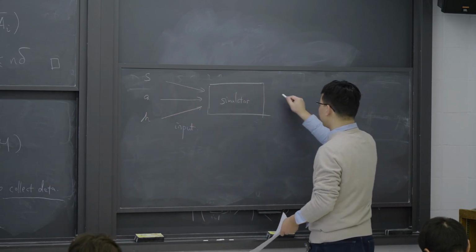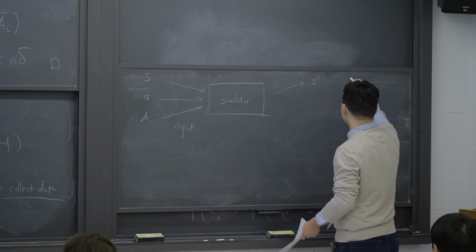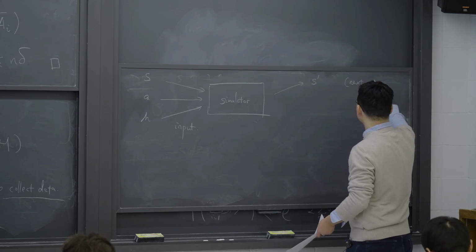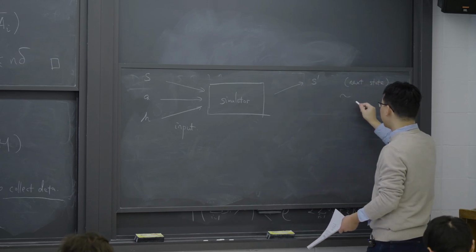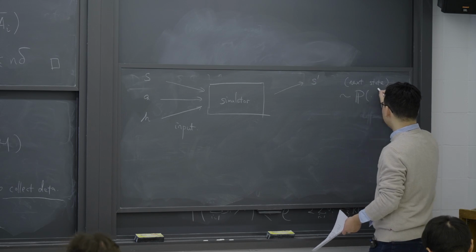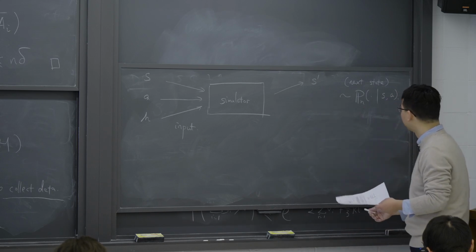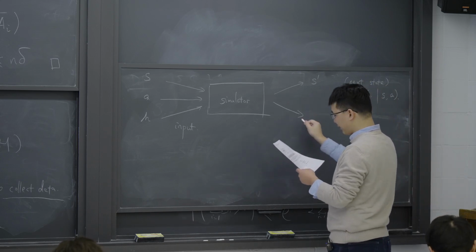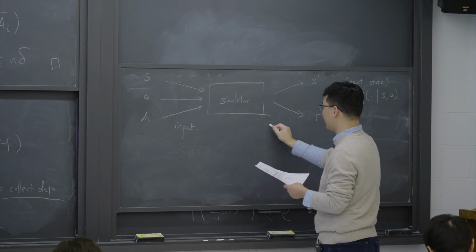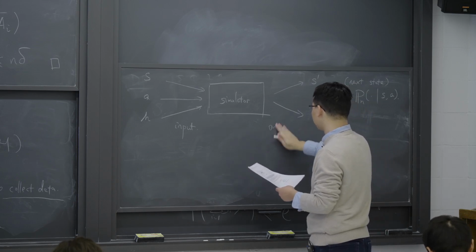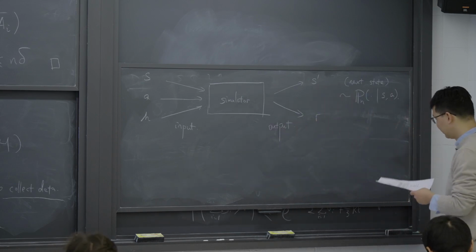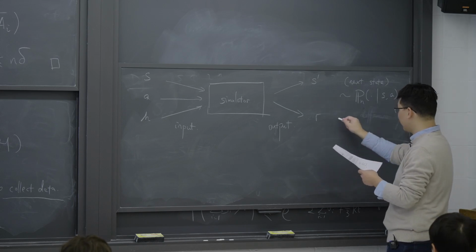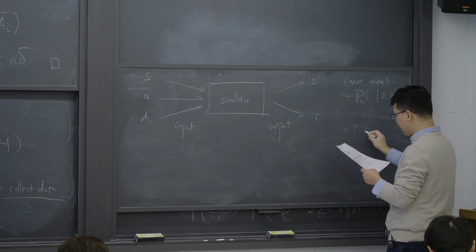And the output of the simulator is S prime, which is the next state. This is stochastically, randomly drawn from the transition probability of S, A at each step. And also, we will have the reward, R. This is output. And this R will be just equal to R_H(S, A).